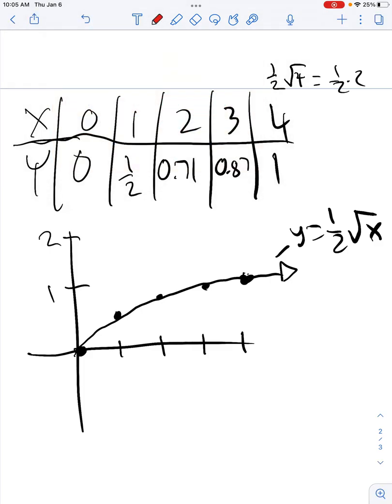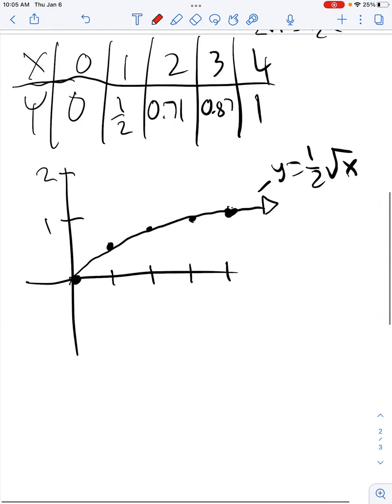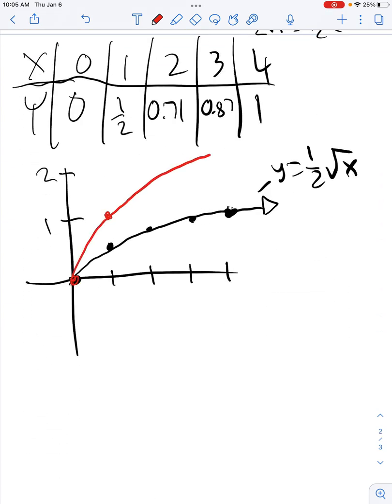If I, again, were to draw the original parent function, I know that when x is 1, y is 1. So it'd be right here. And it would be increasing like that. So that's one way that you can graph it by hand. Again, it's also helpful to use graphing calculators, those types of things.